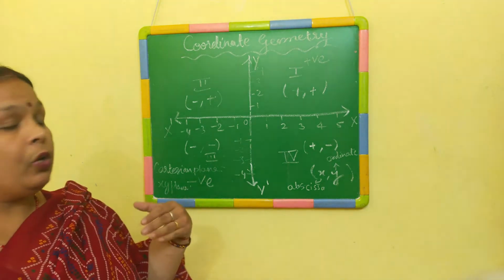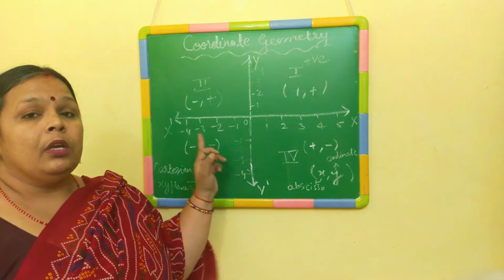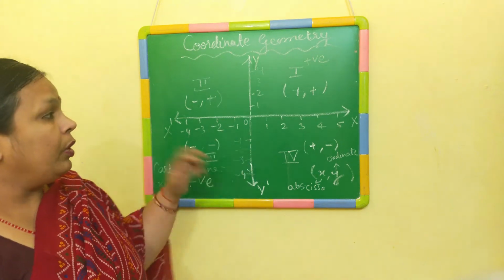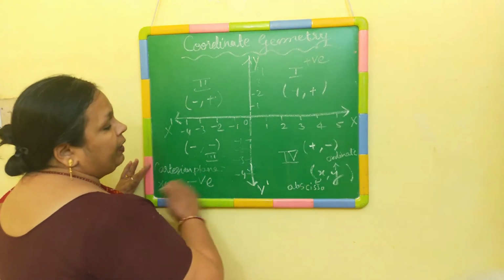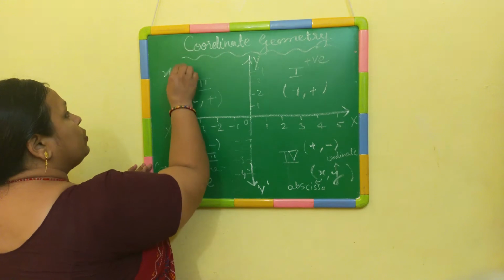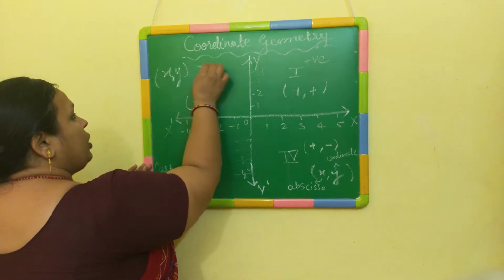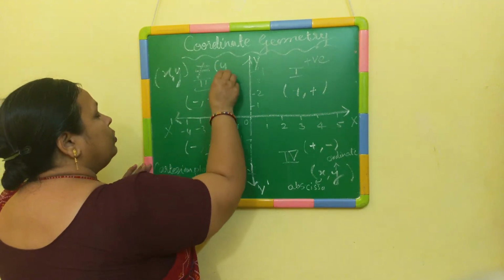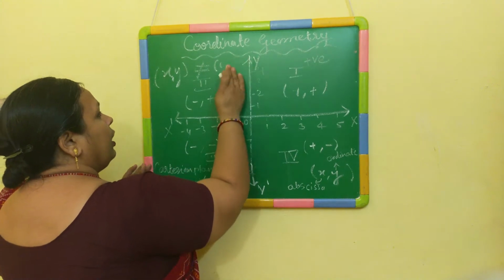And to recall it, two axes intersecting at O. Now if we talk of the ordered pair xy, remember xy is not equal to yx. Clear?